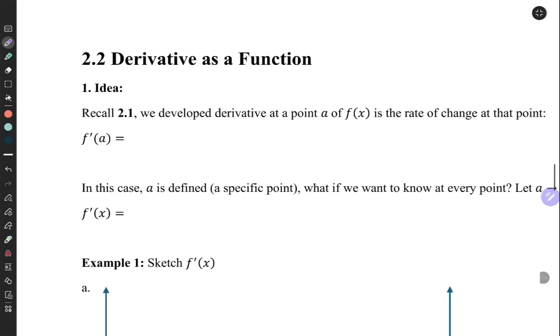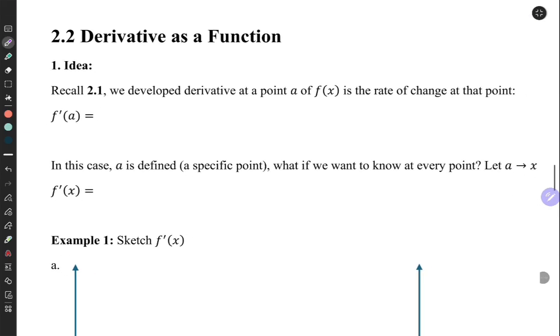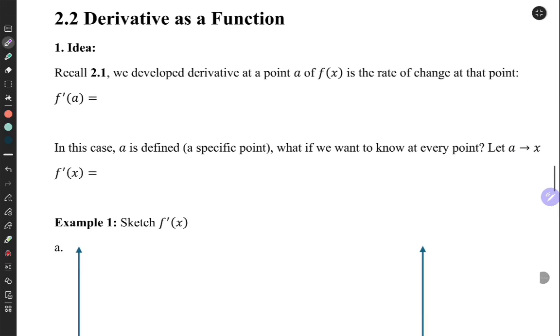Moving on. Derivative as a function. I try to blend this section with the previous section. In this section, you're going to learn to visualize what the derivative looks like, what the function of the derivative looks like. Normally, you know the function f of x.